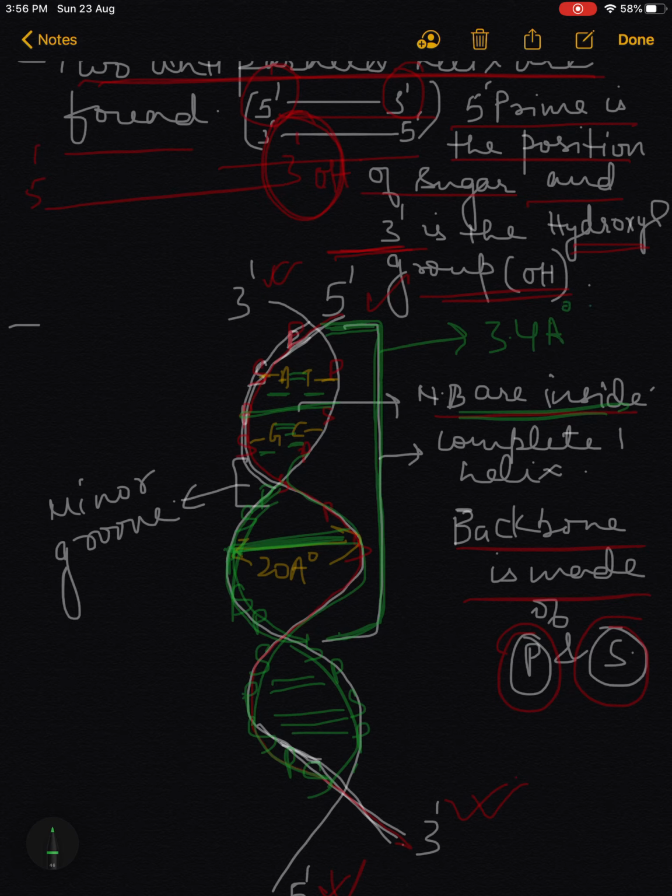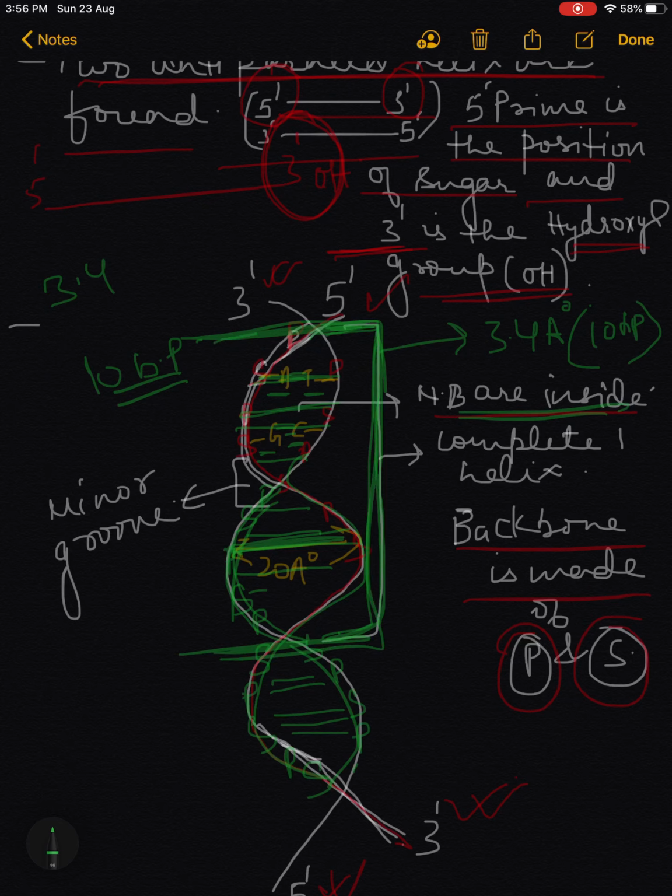This is one complete helix, and it is of 3.4 Angstroms. And children, one complete helix has 10 base pairs. That means here this is 1 base pair, 2, 3, 4, 5, 6, 7 till here. How many base pairs will there be? There will be 10 base pairs. Okay, so if 3.4 is the total length and it contains 10 base pairs, then the distance between two base pairs will be how much? 0.34 Angstroms, right?